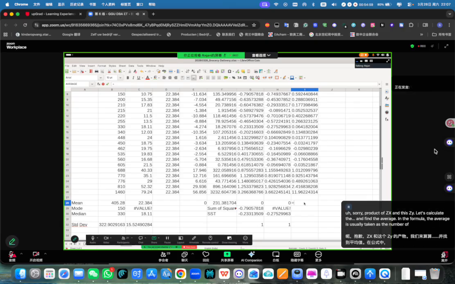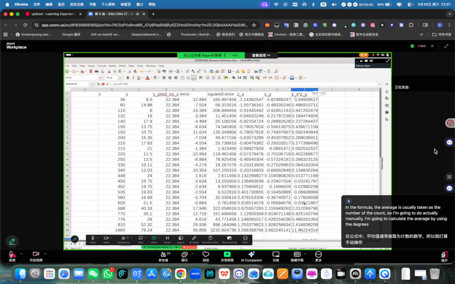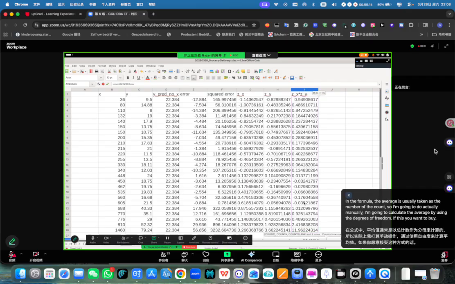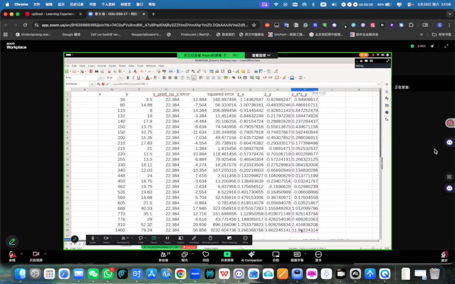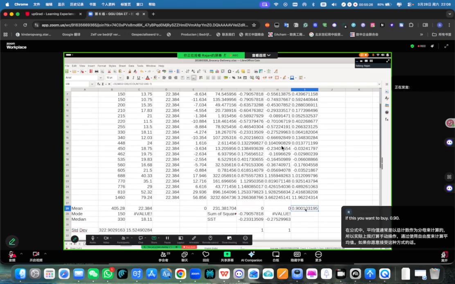So I'm going to calculate the average manually by using the degrees of freedom. With this divided by... 0.90. You see this? 0.90.